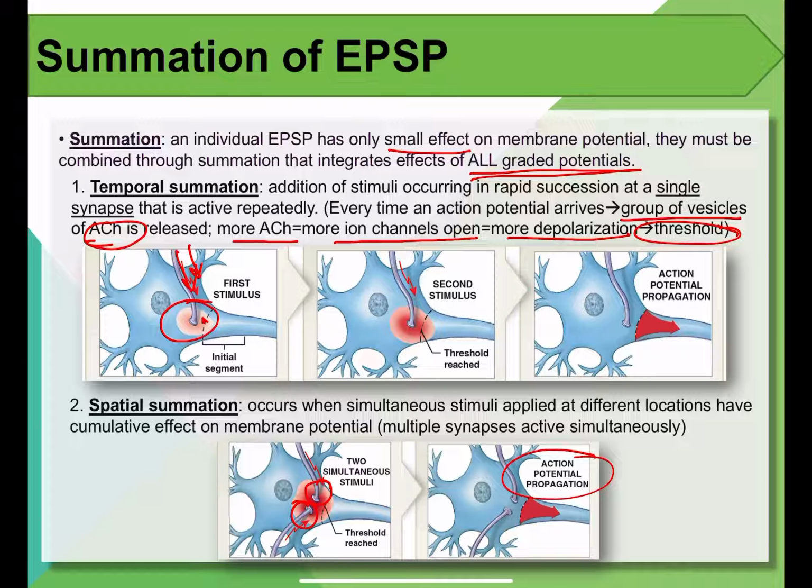So it's just whether you're having many stimuli coming through at that one location, or two locations from two different axon terminals arriving at this one neuron, and they're stimulating that neuron at the same time until it reaches that action potential threshold.